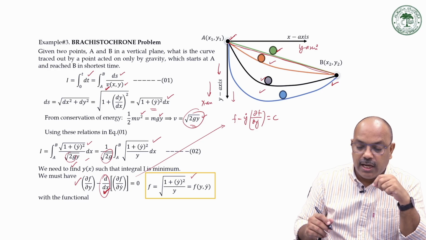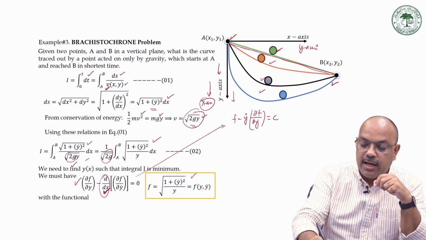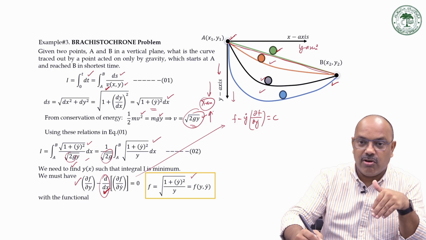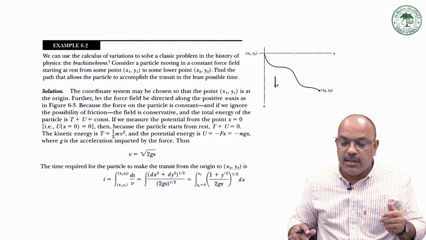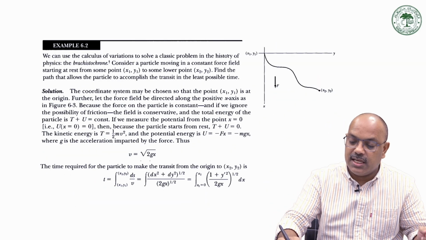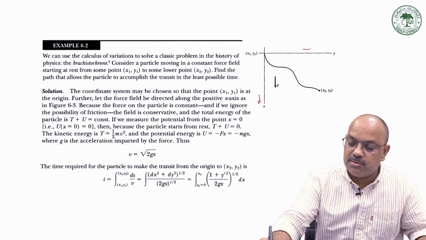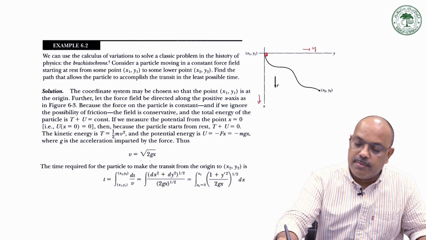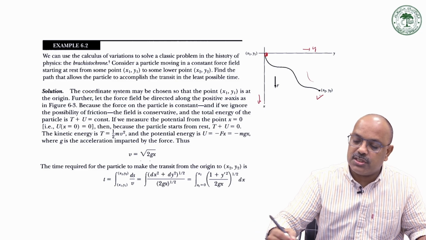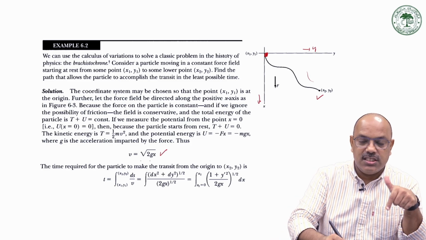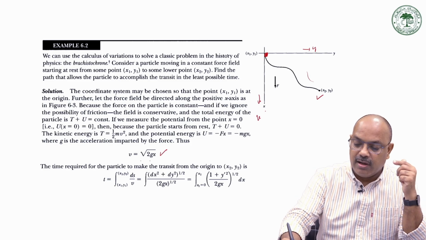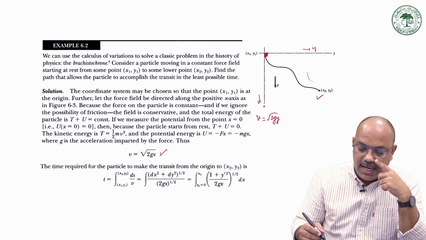One more thing I wanted to mention: if I had chosen the x axis along this axis, life would have become very easy. In this case I have chosen this x axis and this is my y axis, and the marble comes down and goes to this position, then my v is not the square root of twice g y, as in the earlier case, but twice g x.